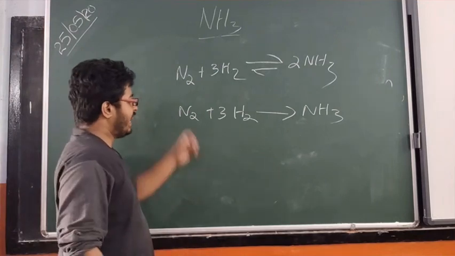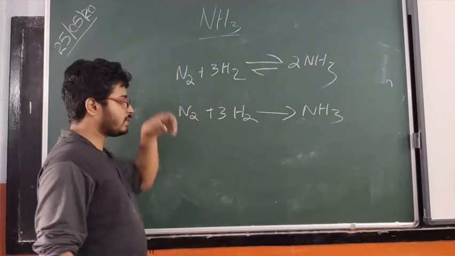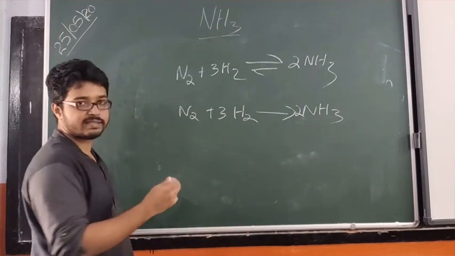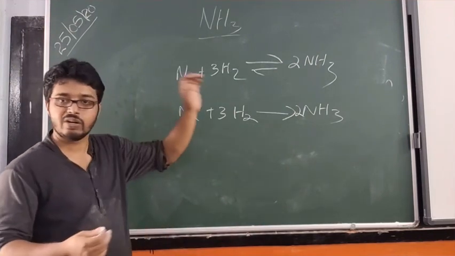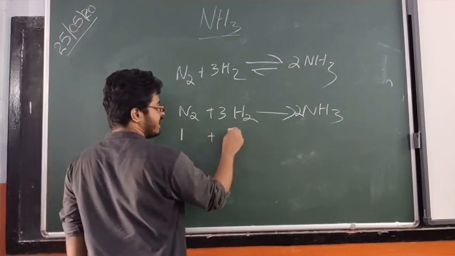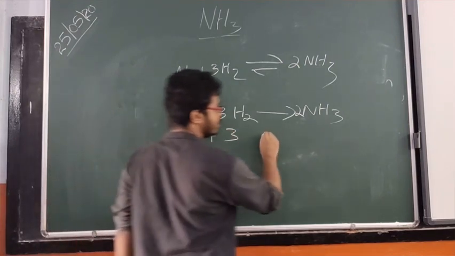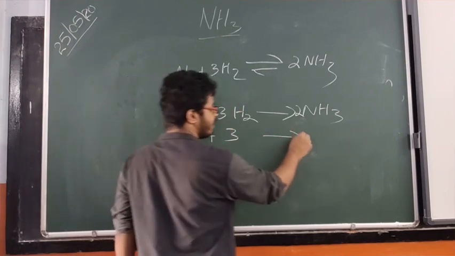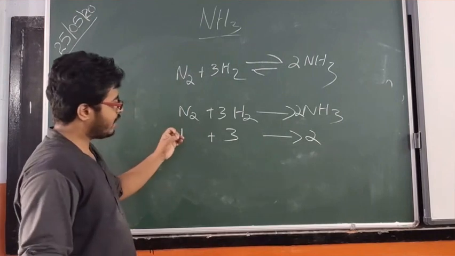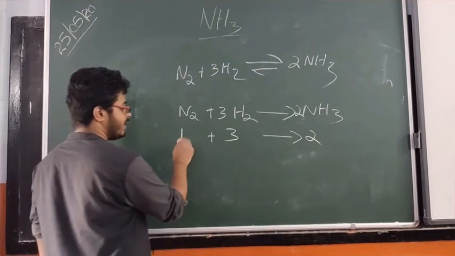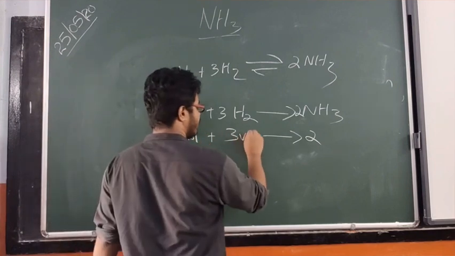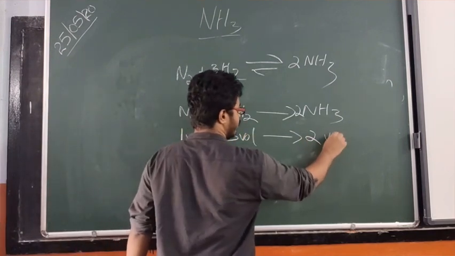Just count the number of molecules of gases on the reactant side and the product side. Here there is 1 molecule, sorry, 3 molecules on the reactant side, and the product side is 2 molecules. If you write it based on volume, 1 volume plus 3 volume gives 2 volume.